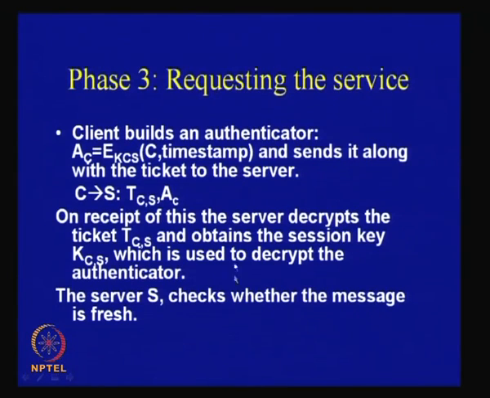So the server can compare these two things and see the life of the ticket. The timestamp and the life are used to check that it is indeed a fresh message and to prevent replay attacks.